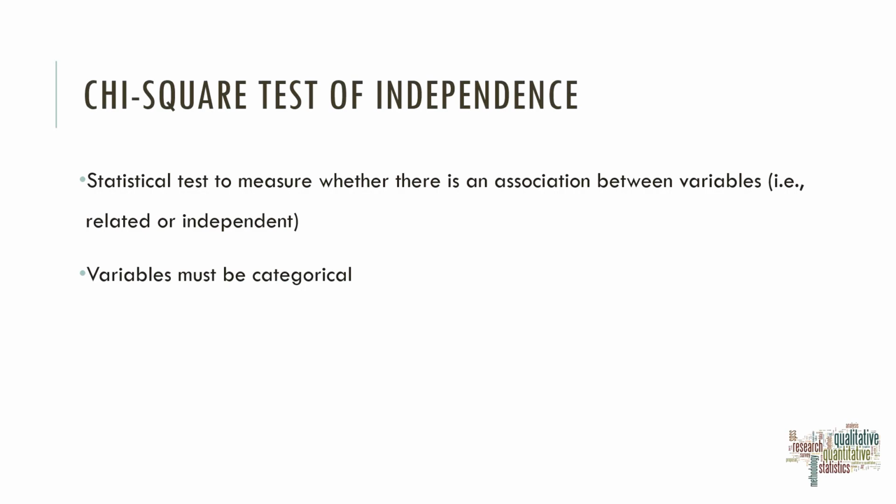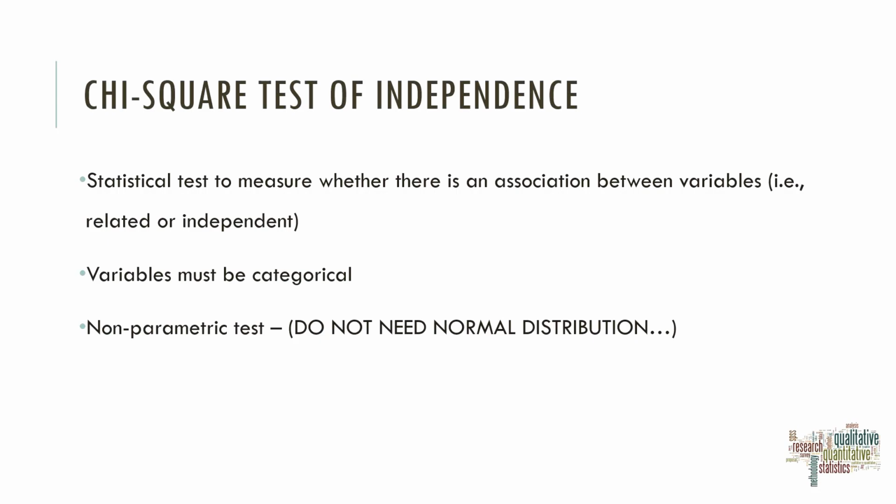So they can't be continuous, they must be categorical, okay? And of course, this is a non-parametric test. We do not need normal distribution as an assumption to perform a Chi-Square test. So, similar to correlations, this test does not provide any inferences about causation.